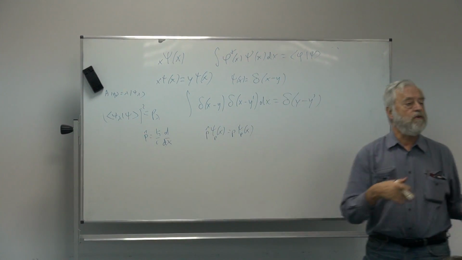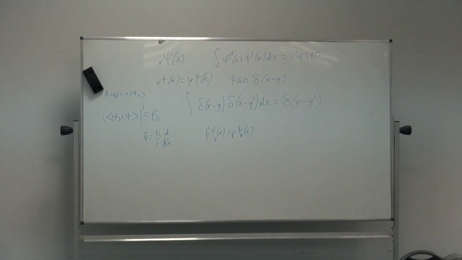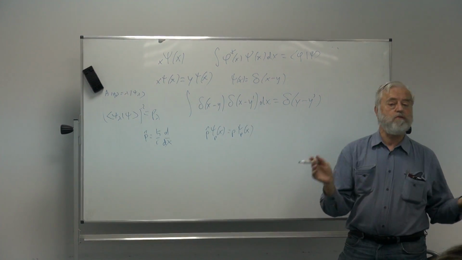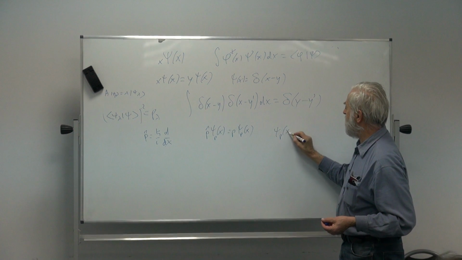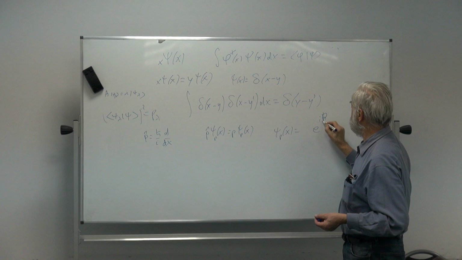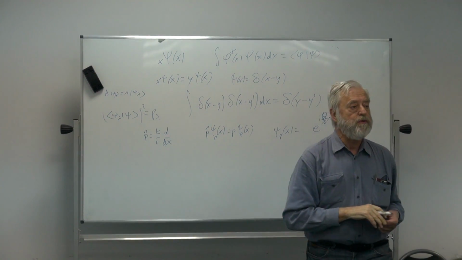This is a very easy one-dimensional equation. Its solution for any p, again from minus to plus infinity, is of course psi_p(x) equal to e to the i p over h bar times x. That is obvious.